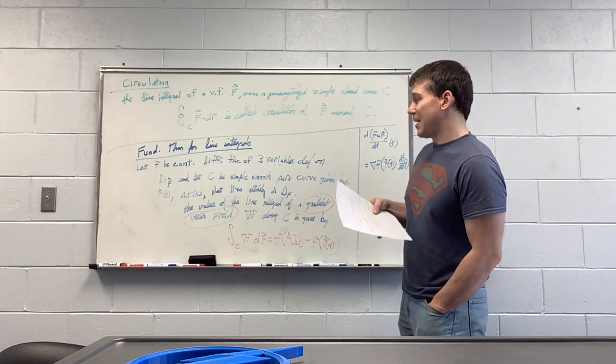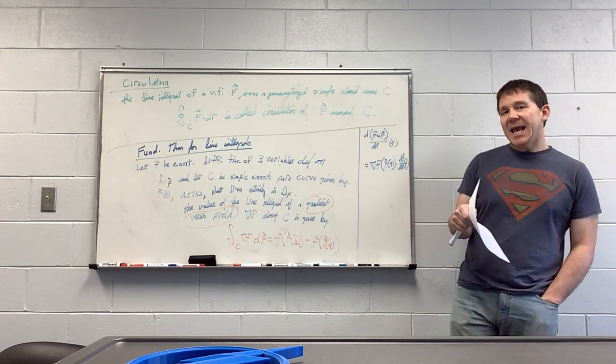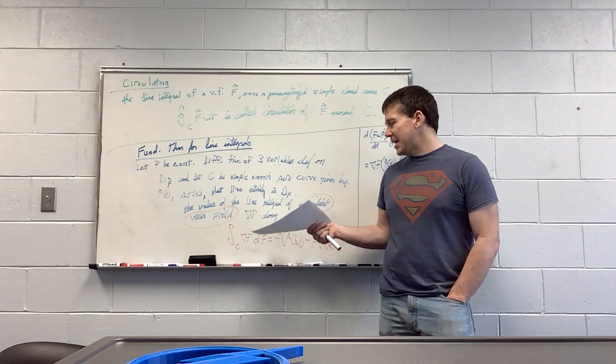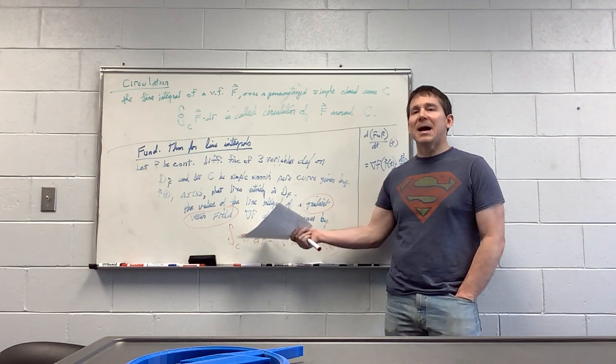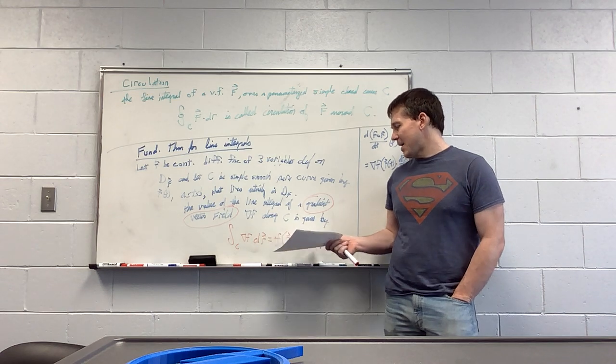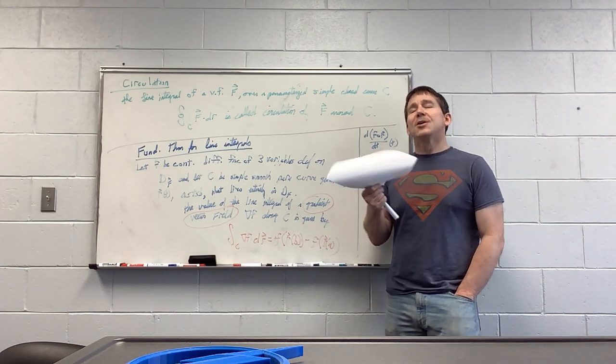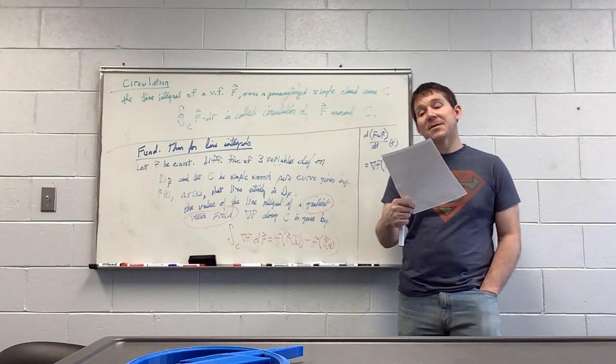If it is conservative, if I can somehow show that, then I can use this. And what that means is I don't actually have to calculate out all that integration like I did for the other one. I just do f of r of b minus f of r of a, and I'm done. But I can only do that if it's conservative.